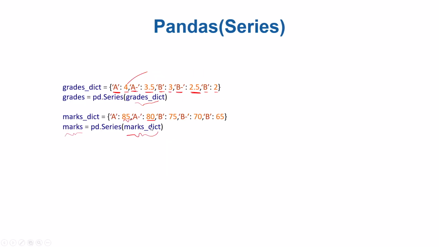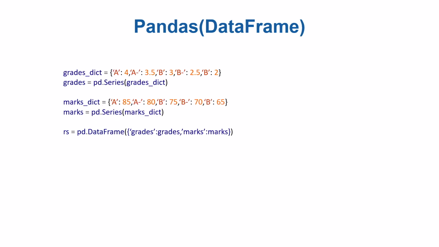So yeah, we were here. We have created these grades and marks as series objects. The series object is good for one-dimensional arrays or data, such as a one-dimensional list or dictionary. Later we will see the data frame, which can be seen as an extension of series towards more than one dimension.